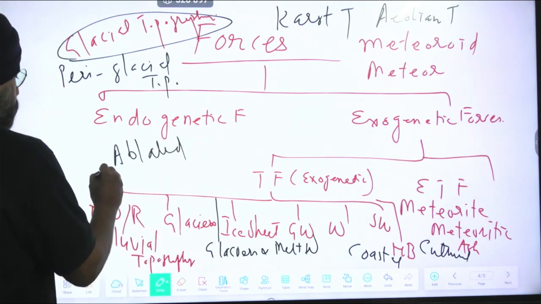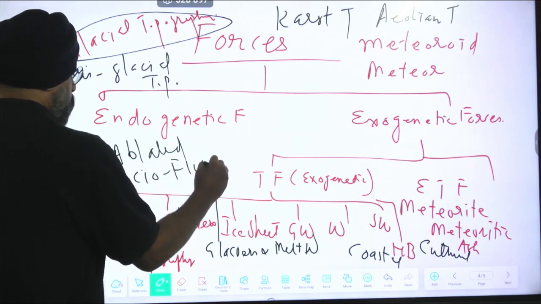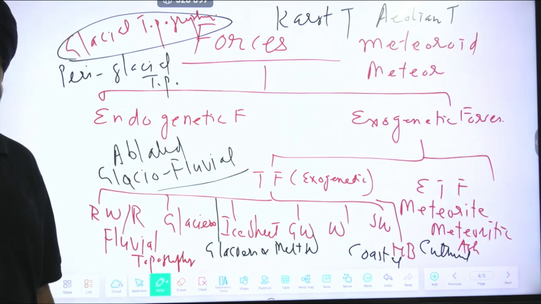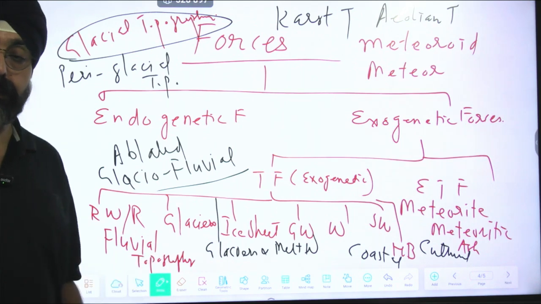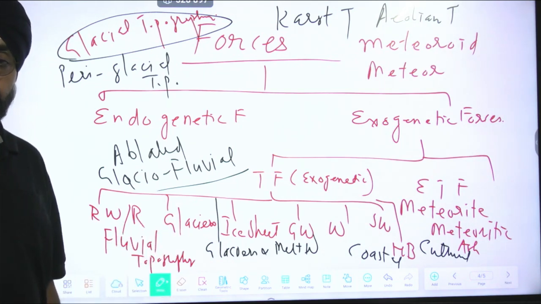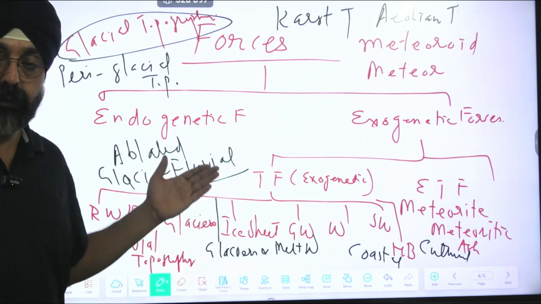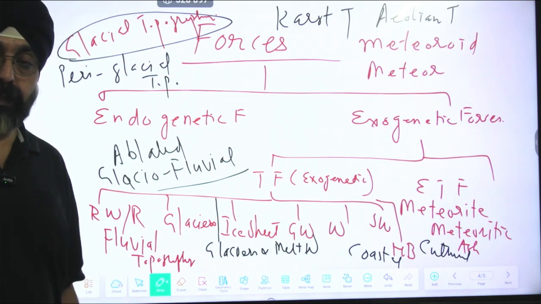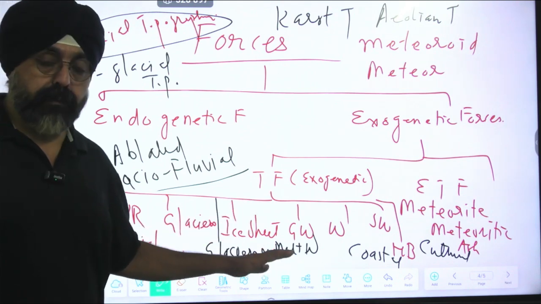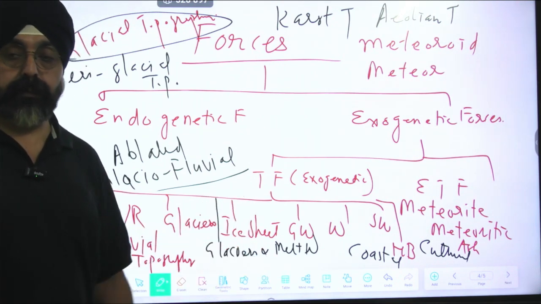This is glaciofluvial topography, where we find drumlins, where we find the outwash plains, recessional moraines, the debris of stones collected by the glaciers in the past. This is a very potential part from which we can come across a few questions in the prelims.